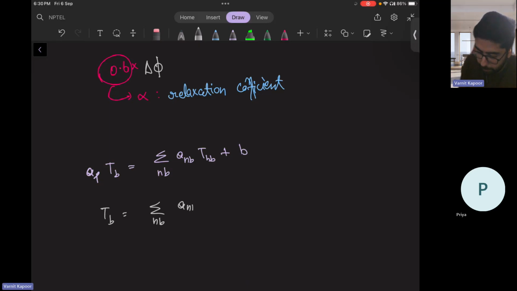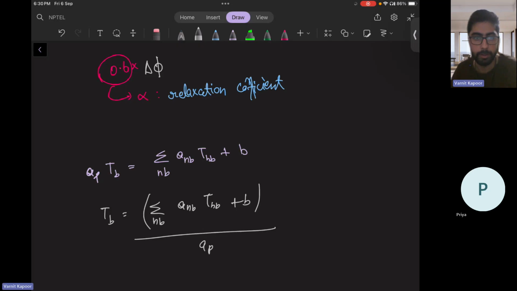Summation ANB TNB over AP plus B over AP. Okay. And we know that TP star is nothing but previous iterative values. We just did the above question.